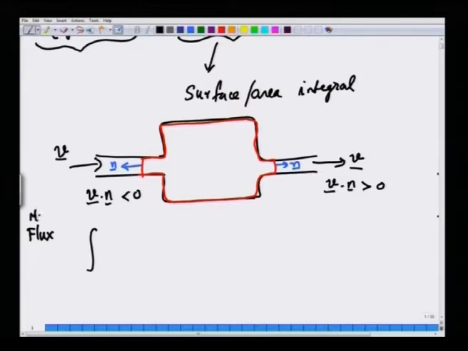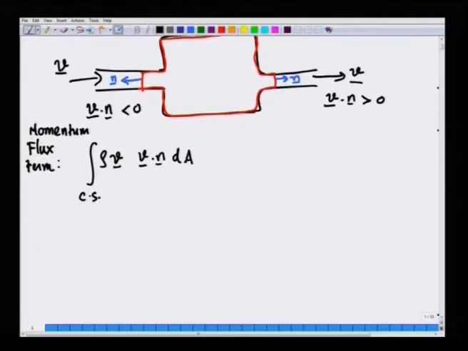So, let me just focus on the momentum flux term in the integral momentum balance, that appears like this: integral rho v dot n dA over the control surface. Now, suppose we assume uniform flow.